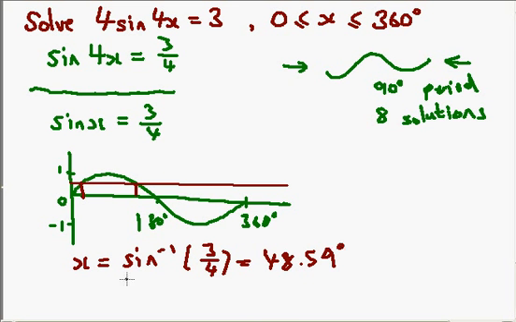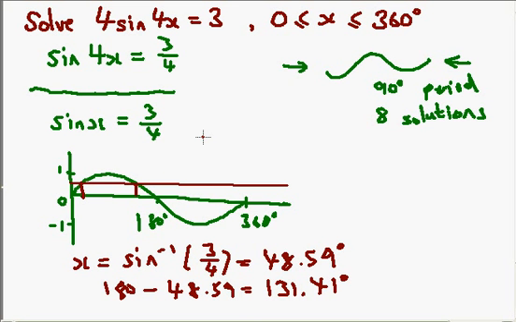And the other solution will be 180 degrees take away 48.59, so that is 131.41. Now, these are not 2 of my final solutions. They are solutions to sine x is equal to 3/4, not sine 4x is equal to 3/4.